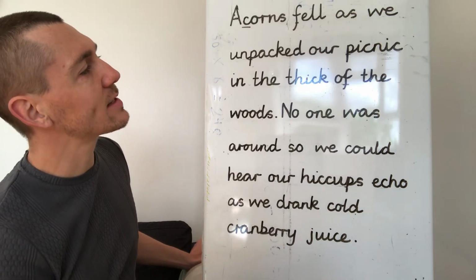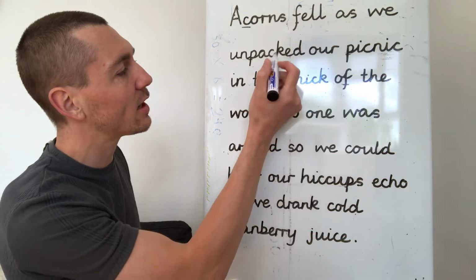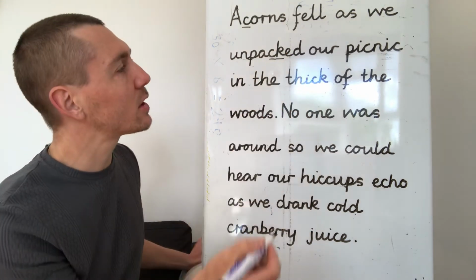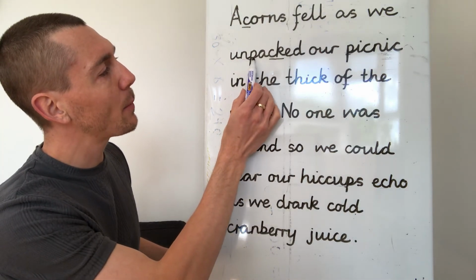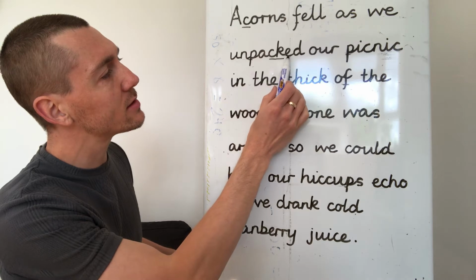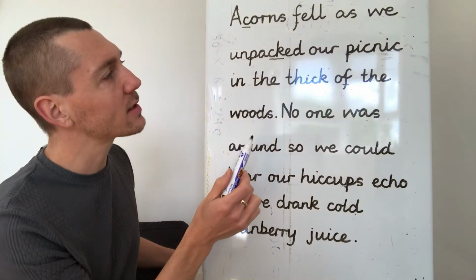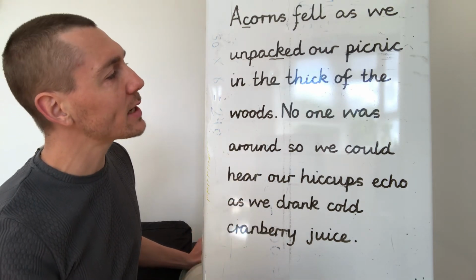Acorns fell as we unpacked. There's another k spelling in unpacked. CK spelling of k. So you should have written un, p, a, k, d, packed, unpacked. Acorns fell as we unpacked our picnic.